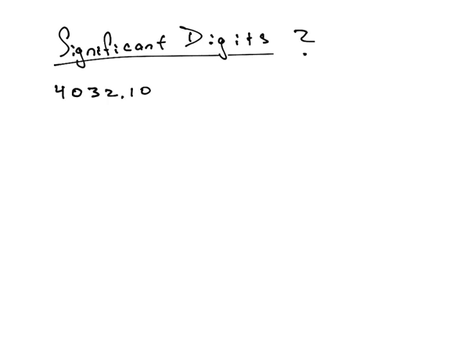So for instance, if you measure with your ruler the length of, let's say, this can of soda, and you measure it to be, let's say, 10.1 centimeters in height, but you think, let me see if I can get a little bit more accurate.